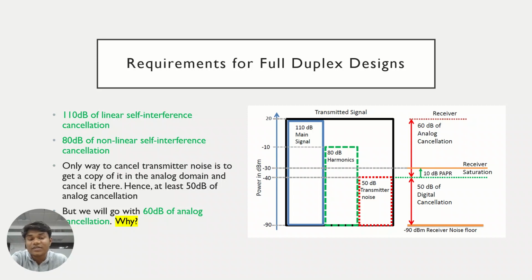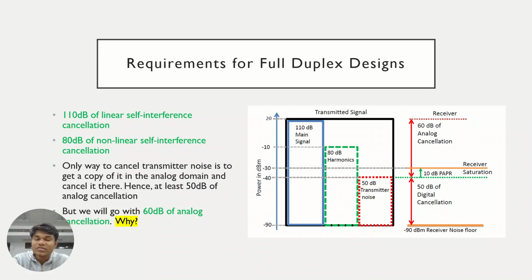But how do we cancel transmitter noise? Because by definition, it is noise, and noise is random. We cannot model it with any system. So, what we do is we take a copy of it in the analog domain and cancel it there in the analog domain itself.